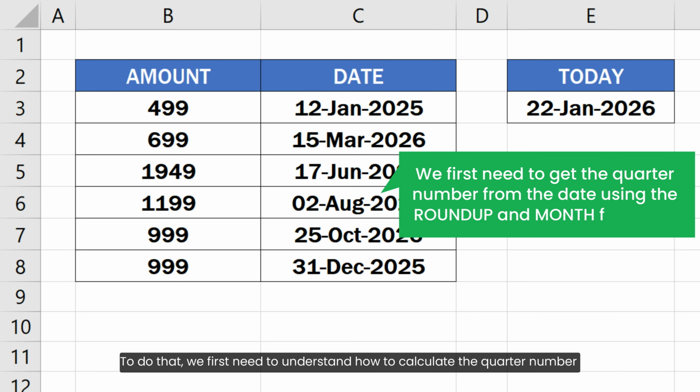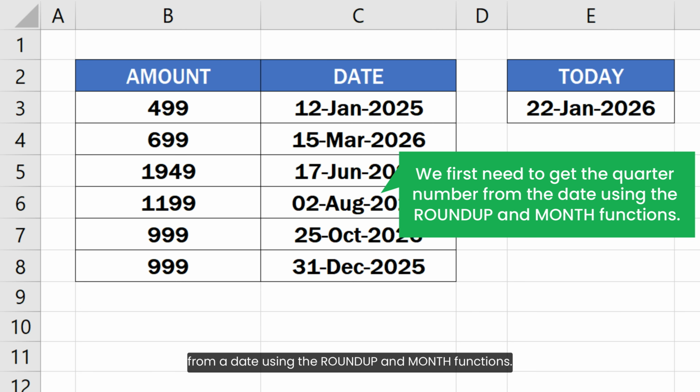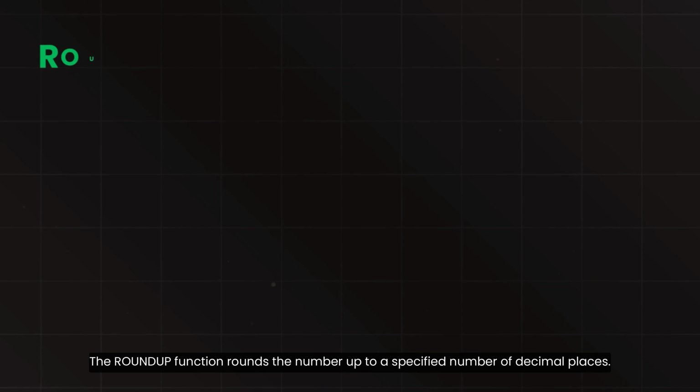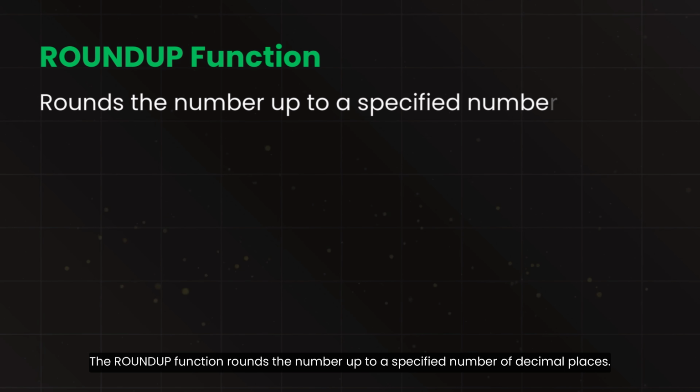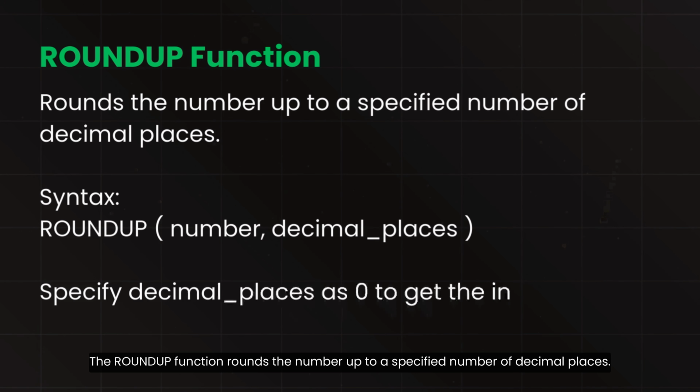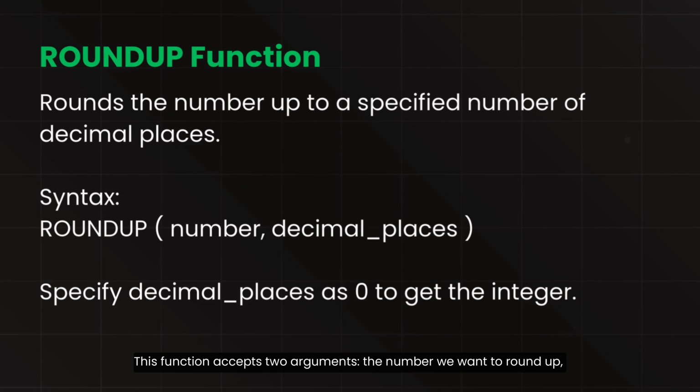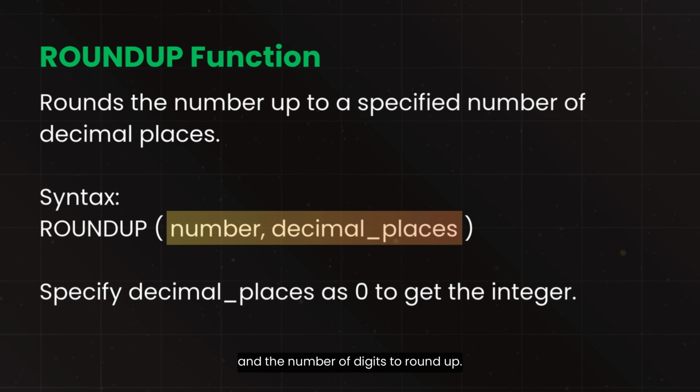To do that, we first need to understand how to calculate the quarter number from a date using the roundup and month functions. The roundup function rounds the number up to a specified number of decimal places. This function accepts two arguments, the number we want to round up and the number of digits to round up.